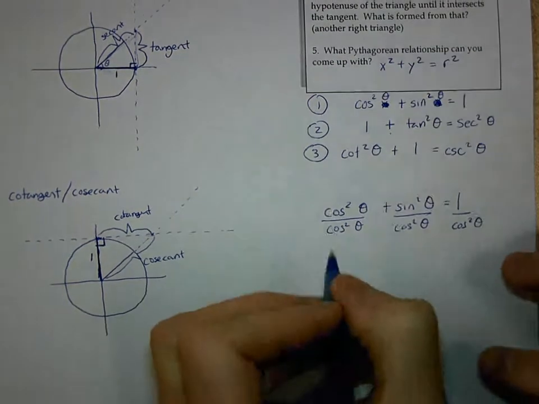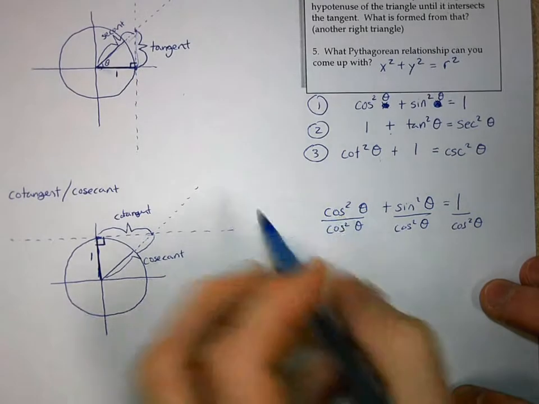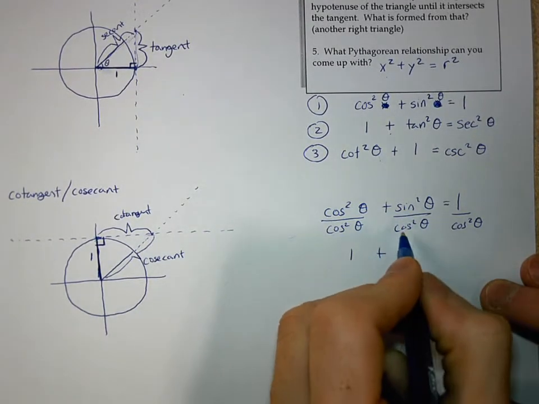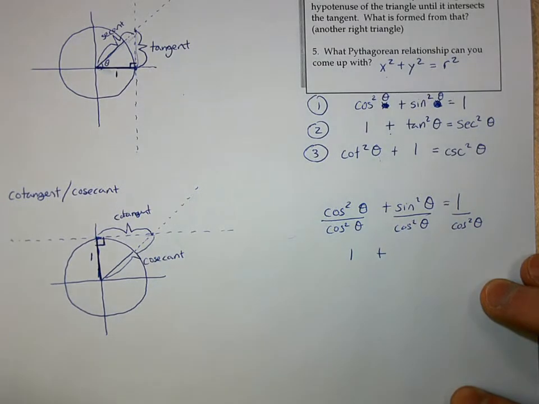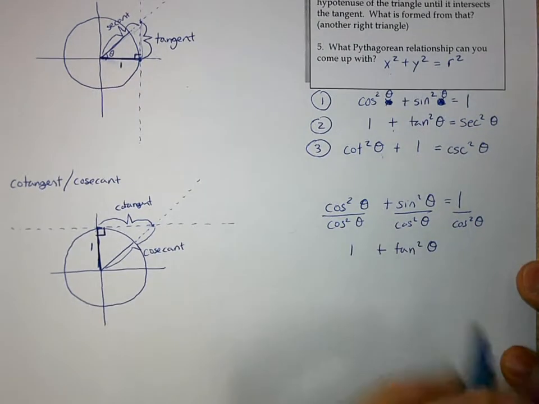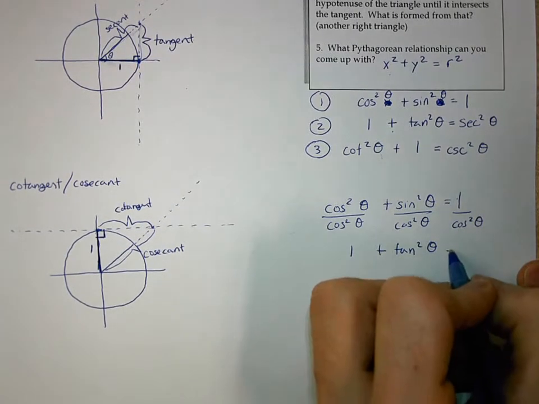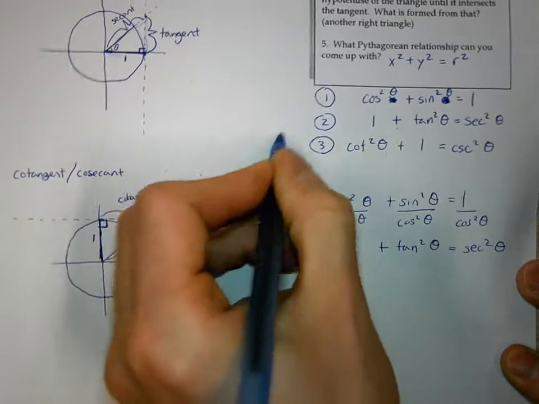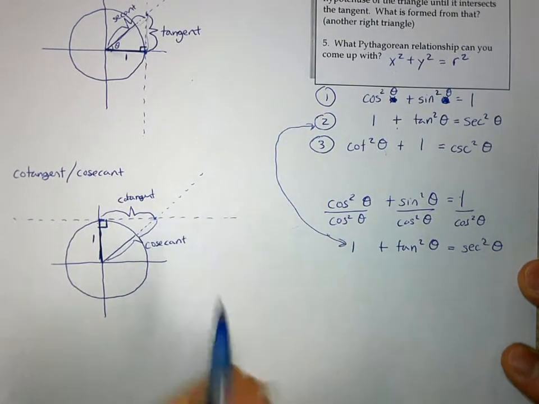So here, if I divide through by cosine squared, cosine squared over cosine squared is 1. Sine squared divided by cosine squared is going to be the tangent squared. And then 1 over cosine squared is equal to secant squared, which is how we get identity number 2.